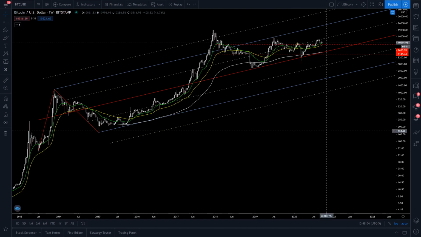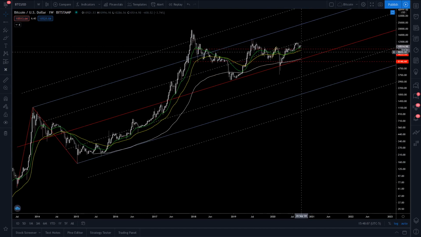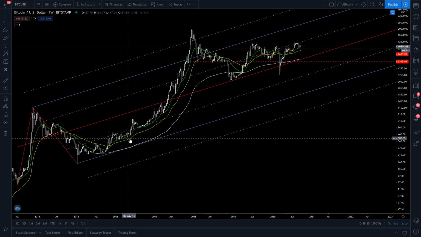So what could happen is that the 55 EMA no longer acts the way it did in the previous bear market. Because it's going to take longer for these to play out, what could happen is that the 200 EMA is now going to act as support. It's going to act as the same type of support that the 55 EMA did in the previous bear market, if that makes sense.